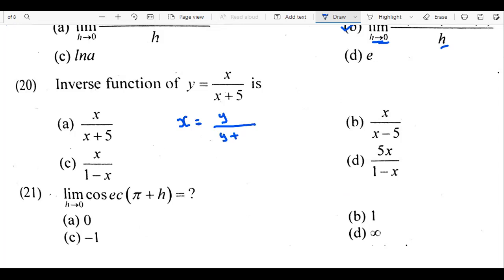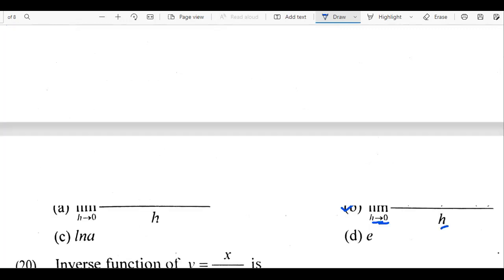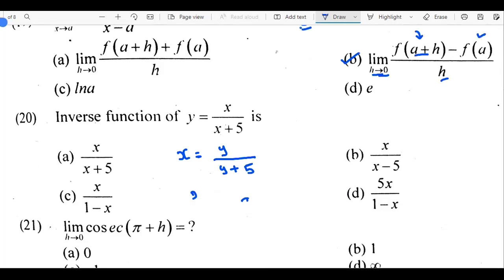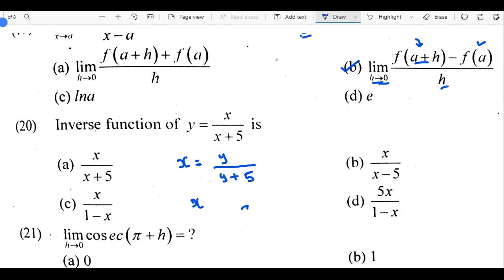equation. Right now the subject is x. All right, so it would be this. And now I have x here. I will take y plus 5 to the other side.